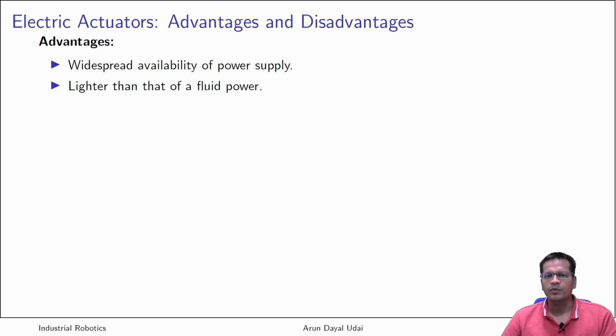It is lighter than fluid power, because both hydraulic fluid power and pneumatic fluid power are associated with so many other subsystems like a compressor or a hydraulic power pack, and many valves to move it in two different directions, and sometimes even to change the speed.